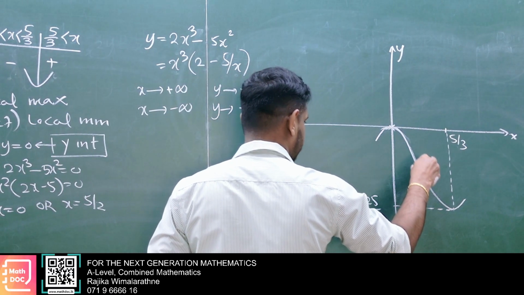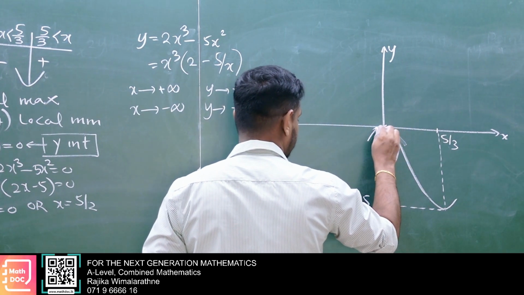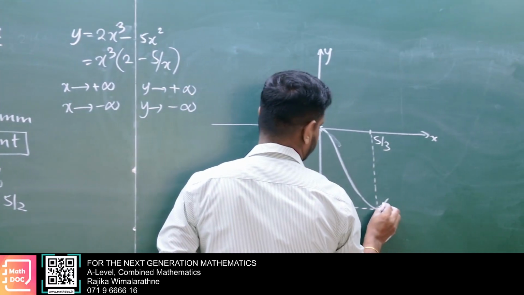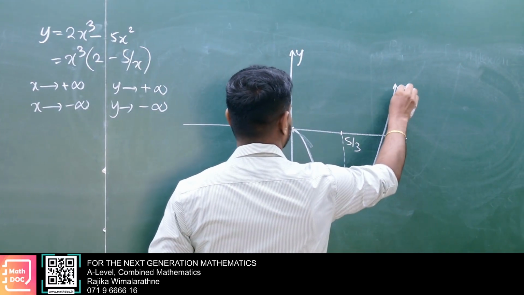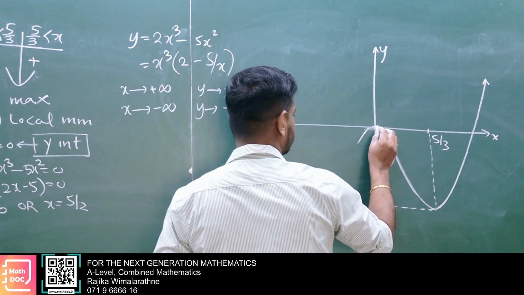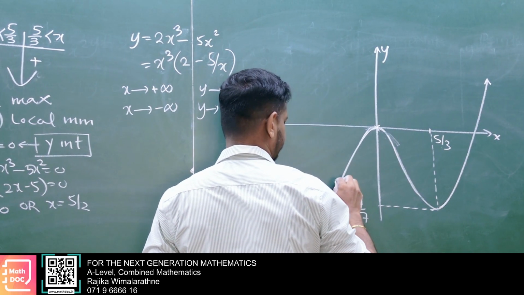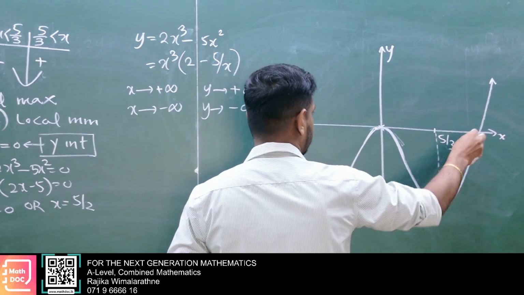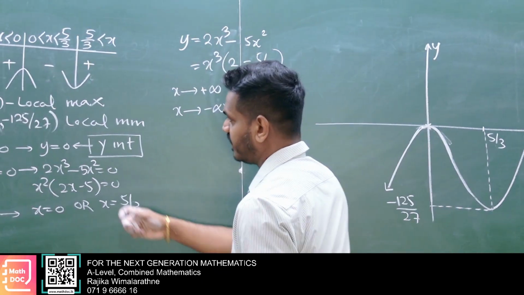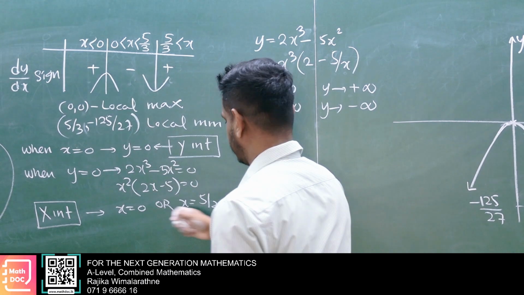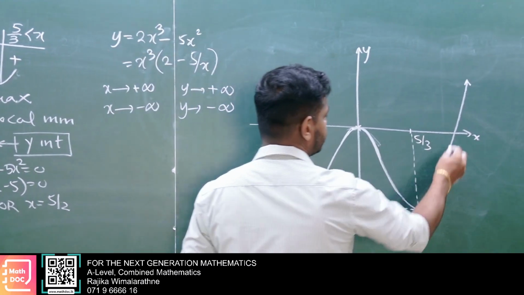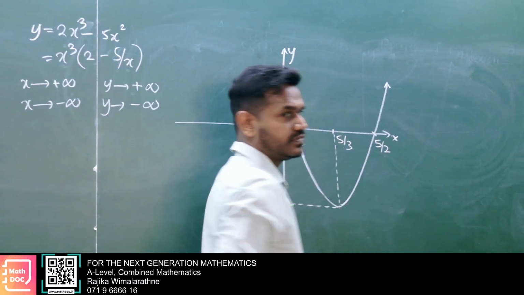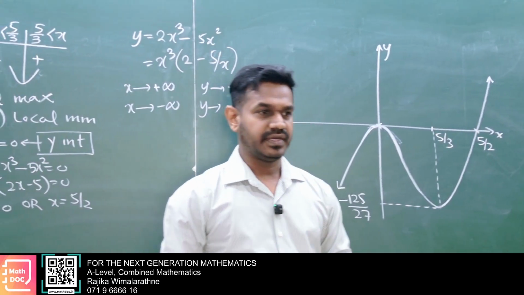You sketch very smoothly. As x goes to plus infinity, y goes to plus infinity. As x goes to minus infinity, y goes to minus infinity. Sketch the graph very smoothly. Then the y-intercept 0 is already known, and the x-intercepts are 0 and 5 over 2. The point 5 over 2 is somewhere here. Very simple thing.